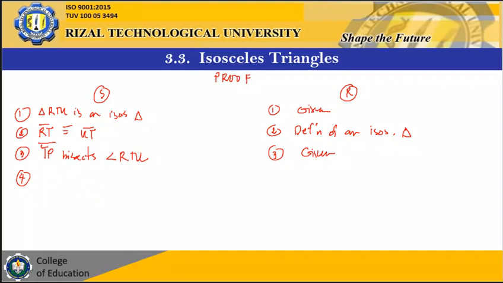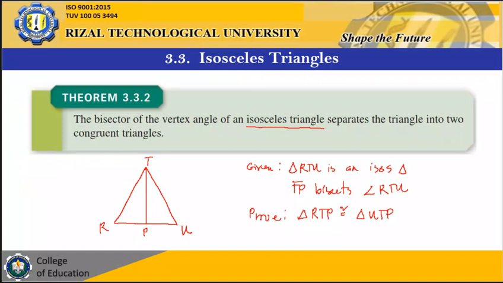So basically, we say that angle RTP is congruent to angle UTP. Okay? This angle is congruent to this angle. And this side is congruent to this side.